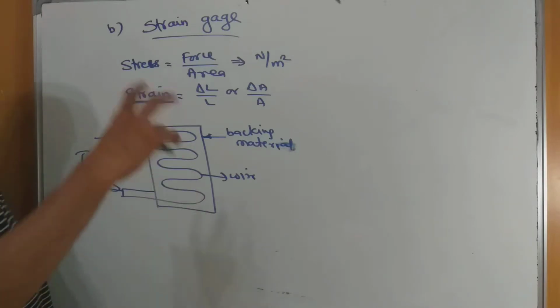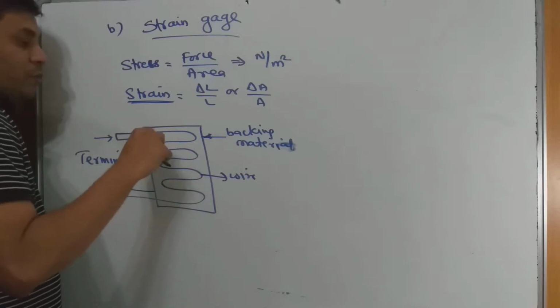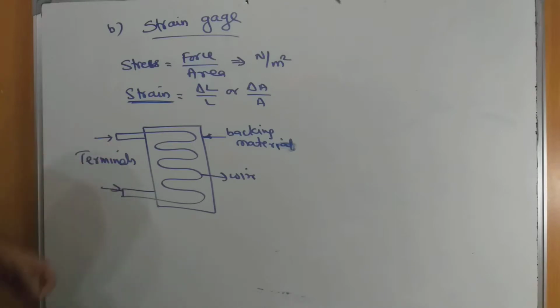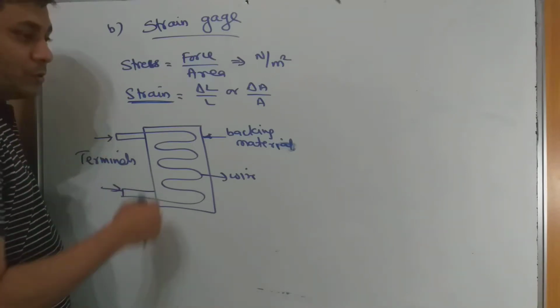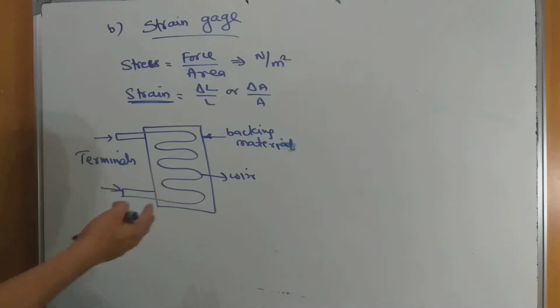So what is going to happen is we are going to apply some stress or some force on this particular material. There is going to be an expansion or a deformation on this material. That deformation will make some change in the resistance.